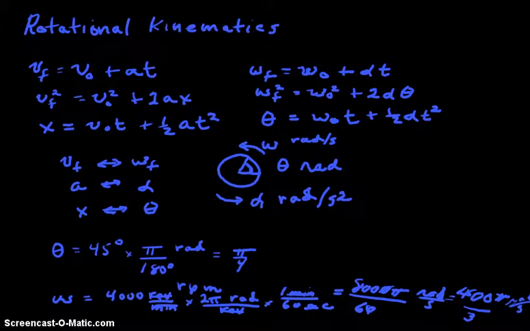So you could divide the 400 pi out with your calculator, which we'll do next time.